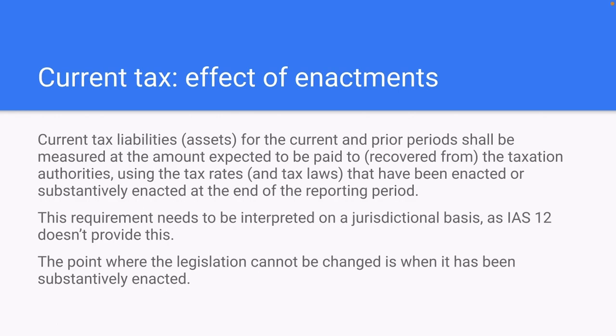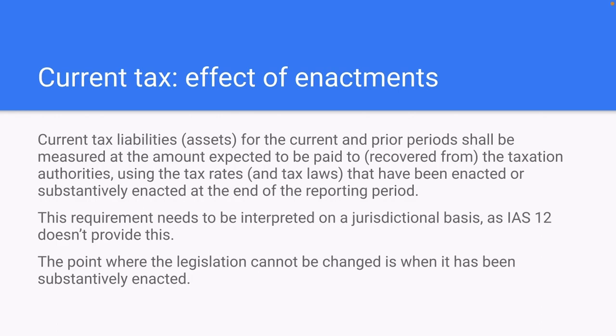And so when you're doing your current tax calculations, what this point is saying is that as at the reporting date of the entity, the balance sheet date, what law was in force, was effective. That's the law. This is the basis of data that you're going to use to do your calculations.